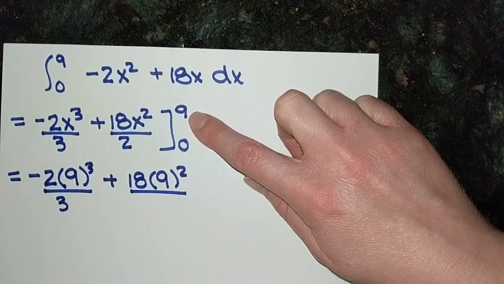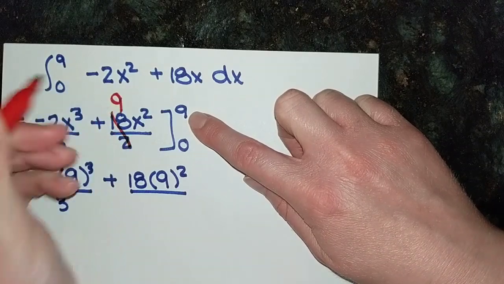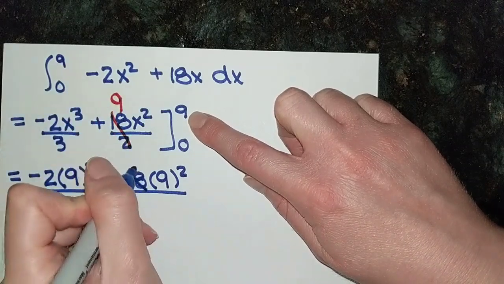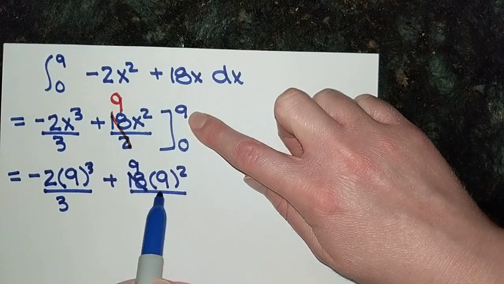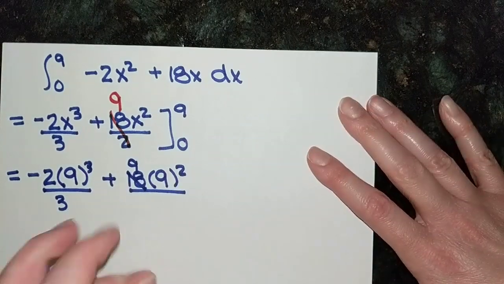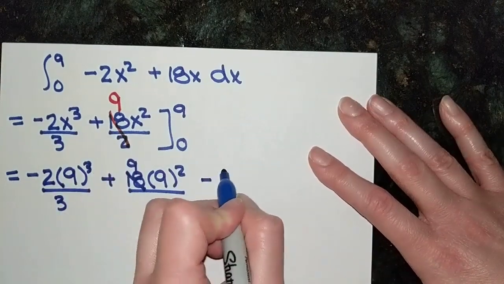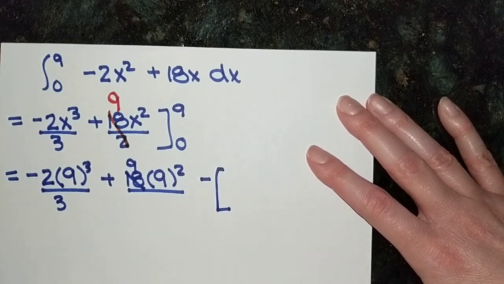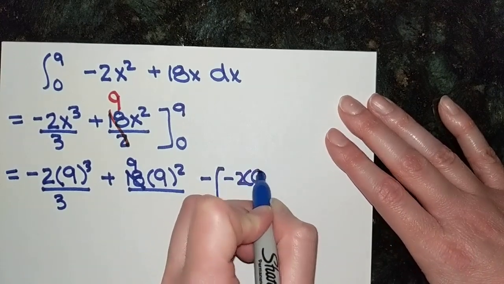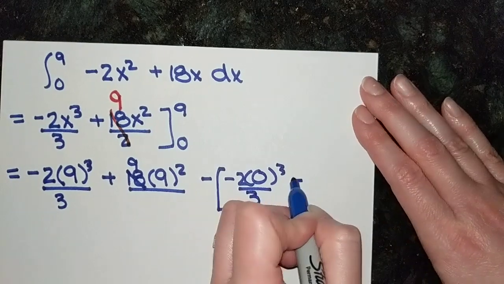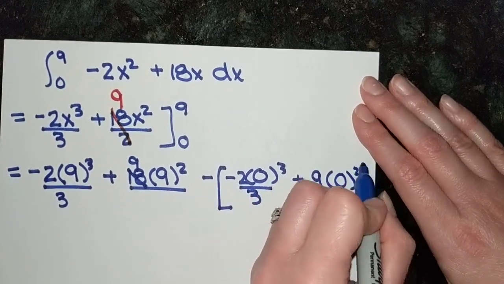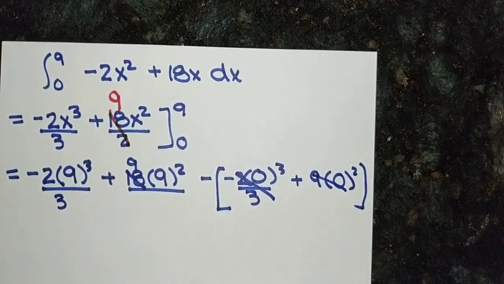And of course, this 18 over 2, I really should just say is 9. So it's 9 times the 9 squared, and then no over 2 because it crosses out. And then minus your lower bound plugged in of 0, all of that stuff is going to drop out. So when you evaluate, that all drops to 0.